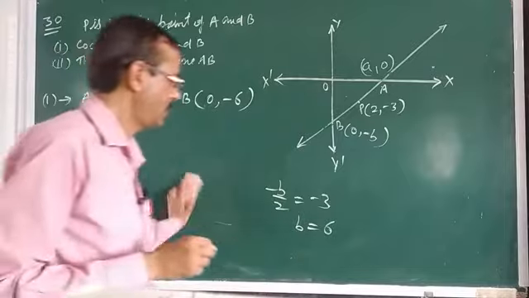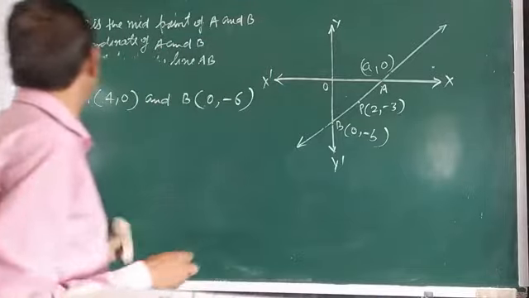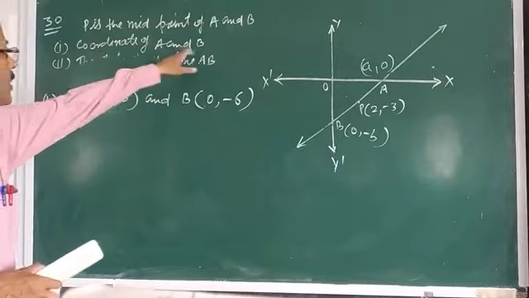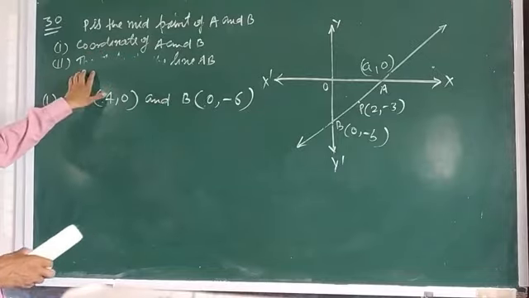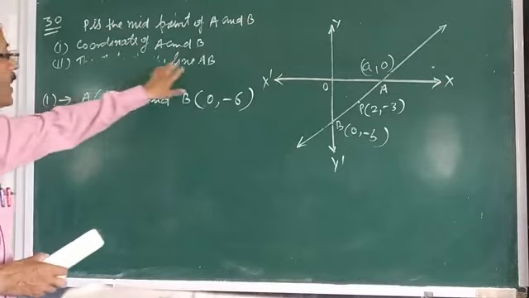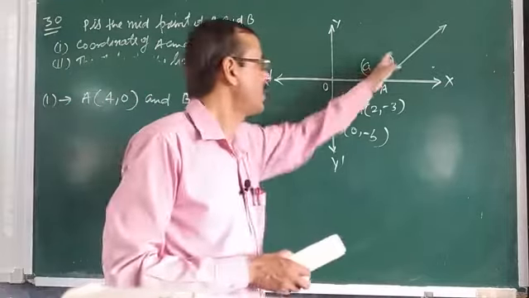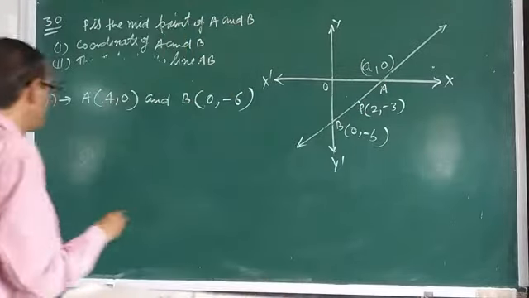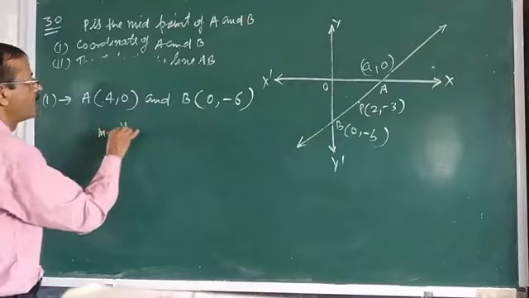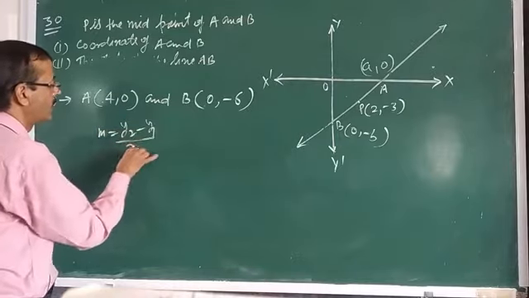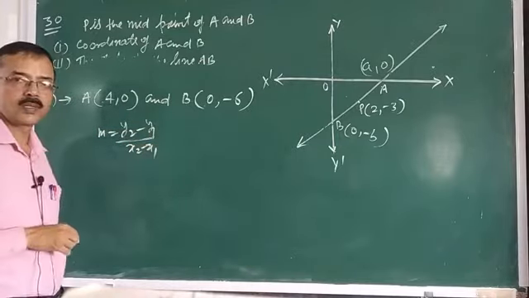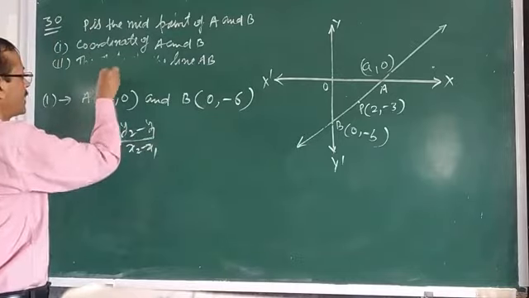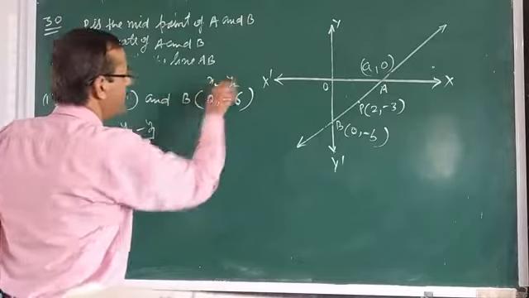Now the second part: the slope of the line AB. This is the line AB, and we have to find its slope. With two points, you can find the slope using the formula m is equal to y2 minus y1 upon x2 minus x1. Suppose these are x1, y1, x2, y2.